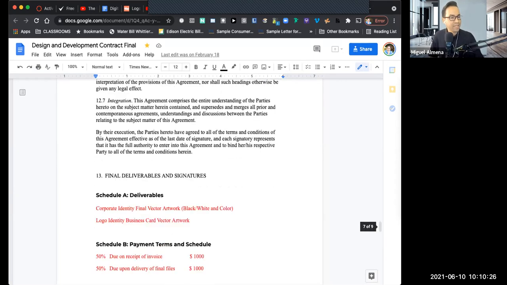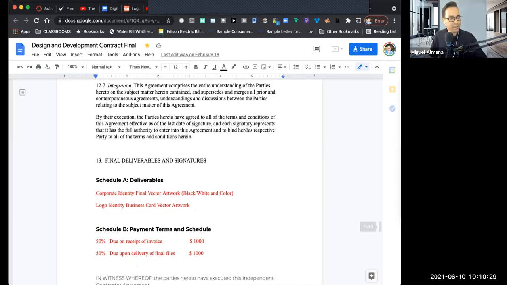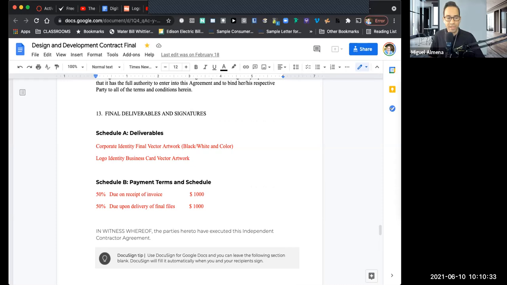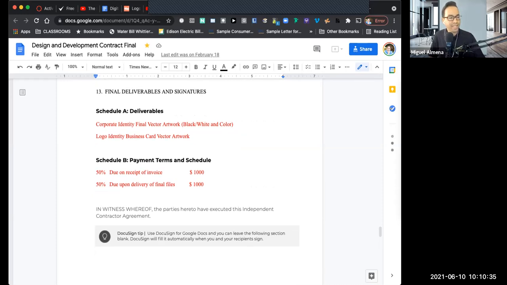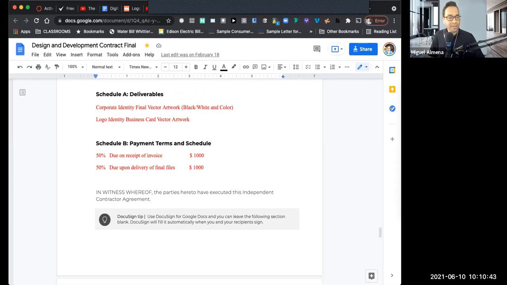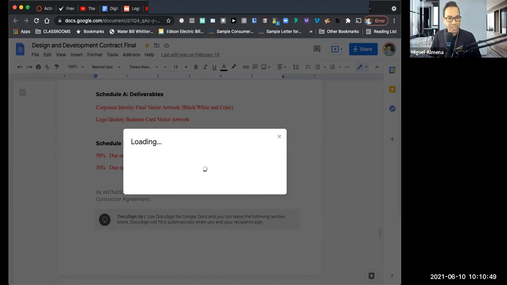But basically, it's a contract that states the deliverables. So in red, you put in the work that you did and the pricing. And I say 50, half up now, half later. My philosophy is that if they agree, you make a copy of this, you fill out this paperwork, and you email it or share them the link with the pricing on it.